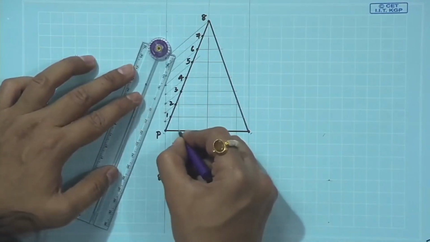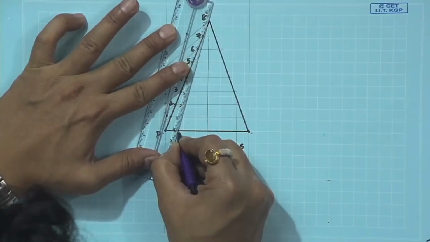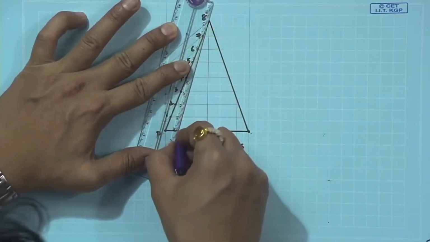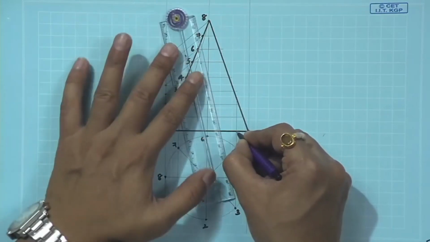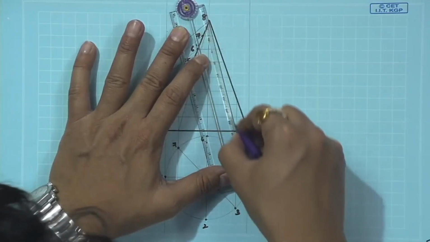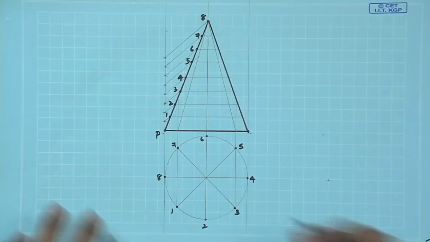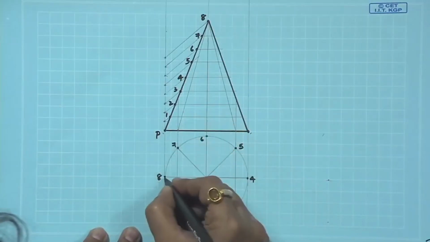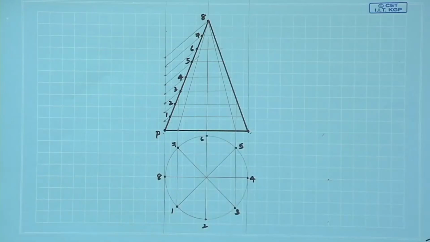The first one is intersecting at this point 1, join that with the apex. Similarly, join the fifth one, 2, 8. Now, the intersection point for 8 to P is P. So, let us use red color ink.